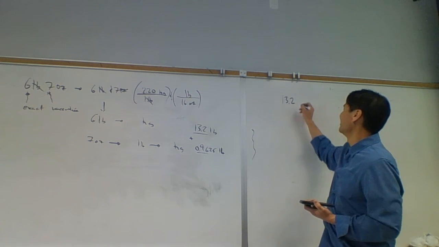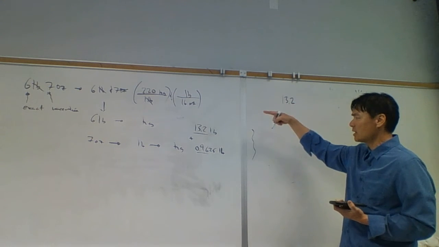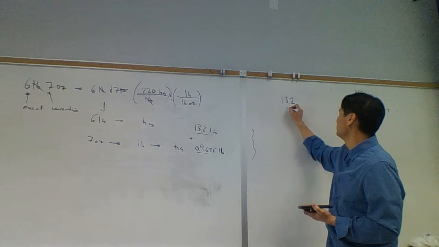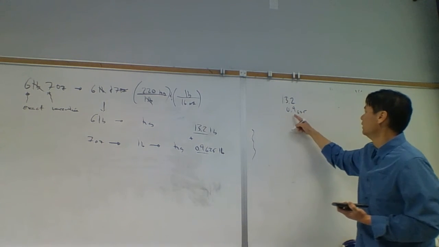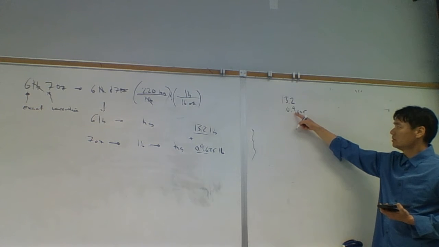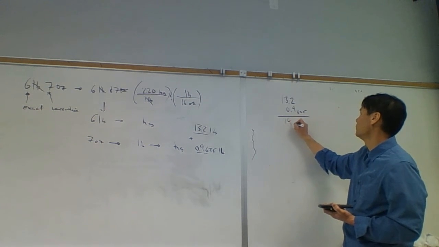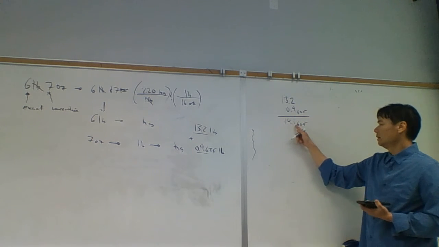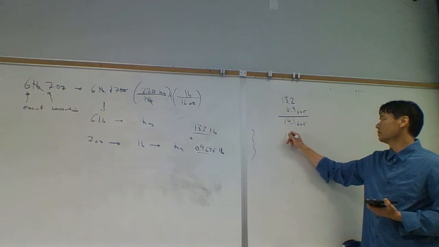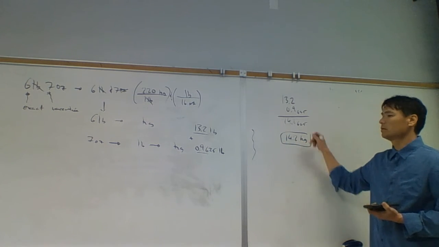And so 13.2, actually, this is exact, so there's no uncertainty here. But the 0.9625, I'm going to subscript these to show the uncertainties here. So this is going to give us 14.1625, and we drop the 6, so it comes out to 14.2 kilograms.